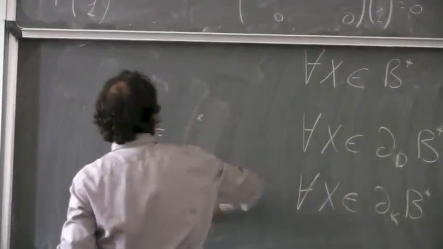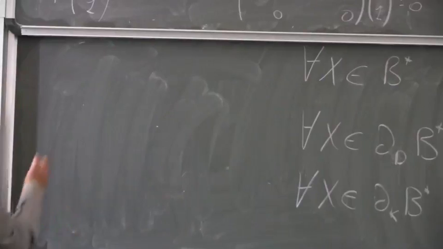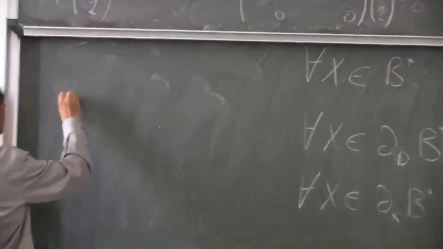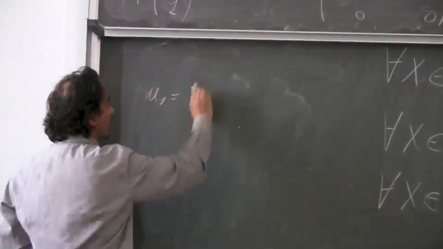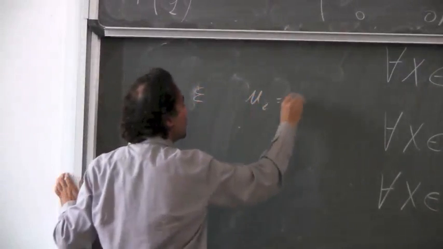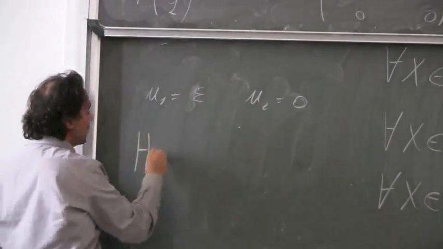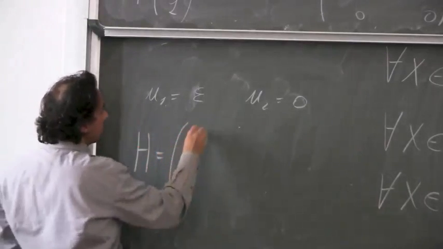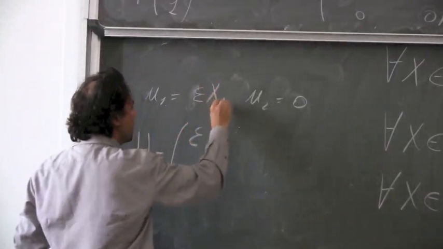Let us correct what I said before in this part. So I have that U1 equal to epsilon, LZ, and U2 equal to 0. Do you remember? Now H is epsilon, this is epsilon S1.